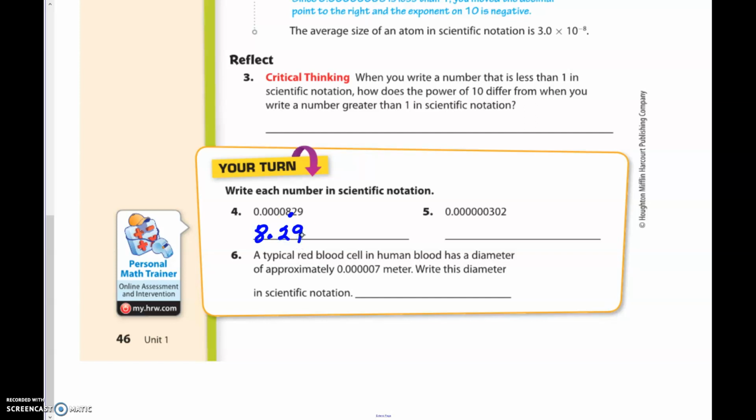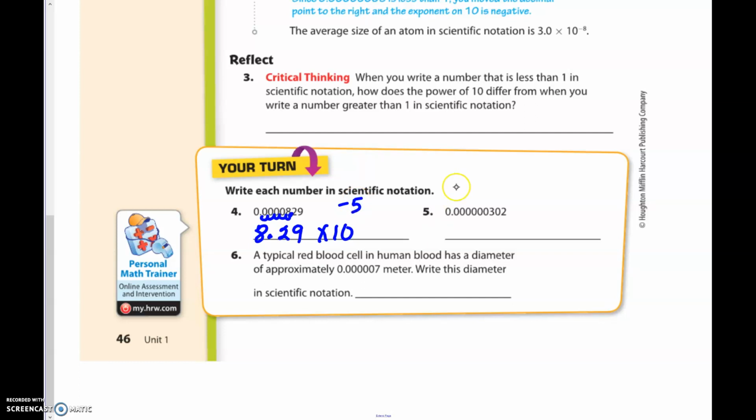That number is bigger than 1, but less than 10. Then we write times 10. Now find out from where I have this decimal, 8.29. Move it 1, 2, 3, 4, 5 places. And because we went left, and this is a small number, we're going to have a negative 5 exponent.